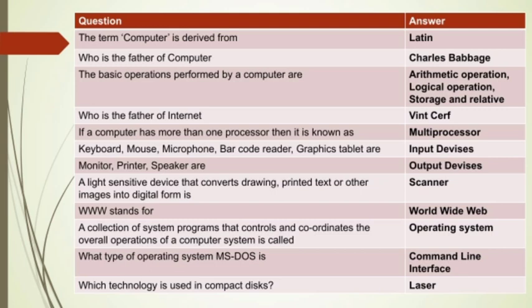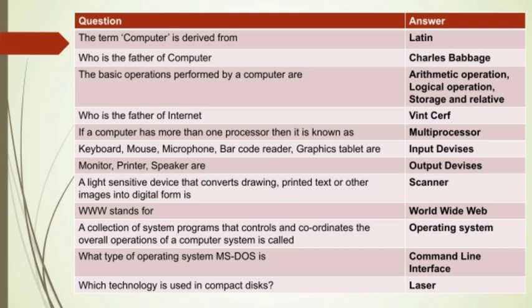The term computer is derived from Latin. Who is the father of computer? Charles Babbage. The basic operations performed by a computer are arithmetic operation, logical operation, and storage. Who is the father of internet? Vint Cerf. If a computer has more than one processor, then it is known as multiprocessor.